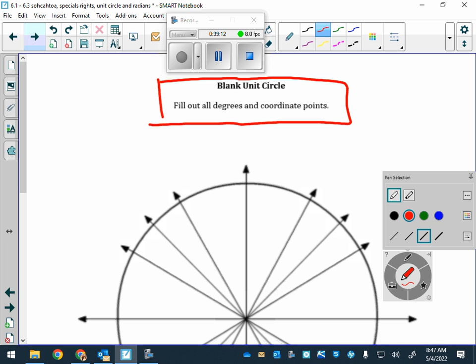So look at your completed one, start with the first quadrant first, and go from there. Obviously, if you have to refer to your notes, you can. I'm not that mean, okay? Then there's going to be a short delta math, it will be posted a little bit later. Very, very short, okay? On our special right triangles and all that good stuff.